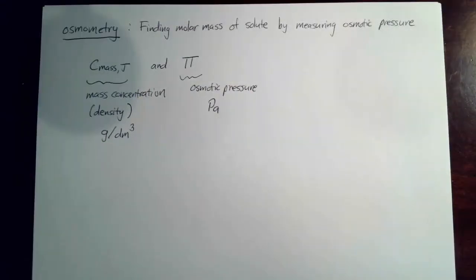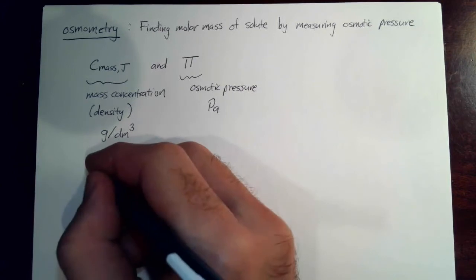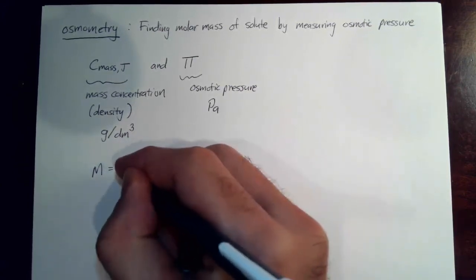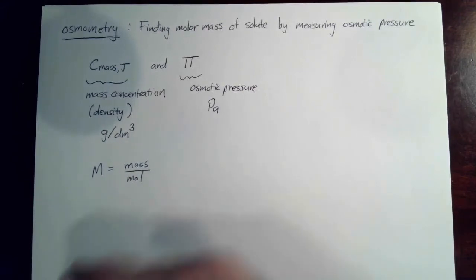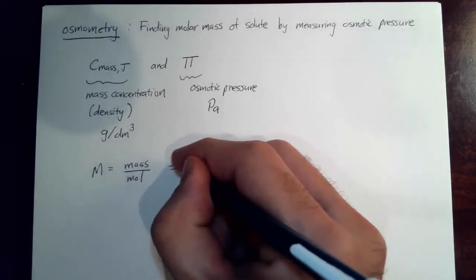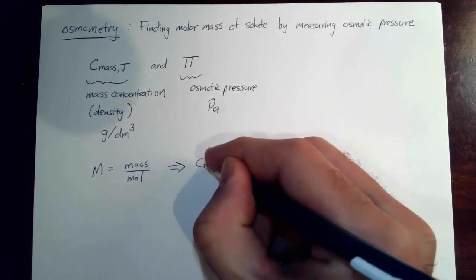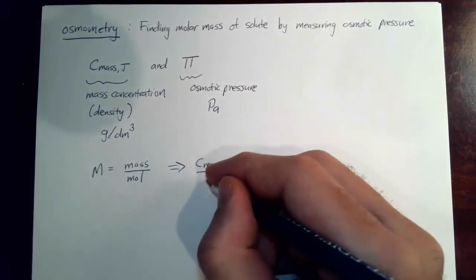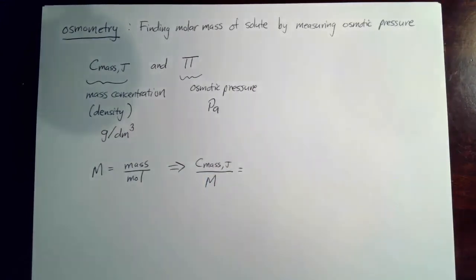I want to use our prior equation, star star, but that equation was in terms of the concentration, not the mass concentration of J. So let's look at the relationship between those. The molar mass is the mass per mole, so if I take the mass concentration and divide it by the molar mass, what do I get?